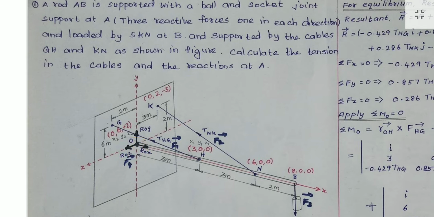Ball and socket joint is like a pen stand. This will rotate in any direction, but it will not move. So we can rotate it in any direction, but it can't move in X direction, Y direction or Z direction. So the reaction will be there in X component, Y component and Z component.